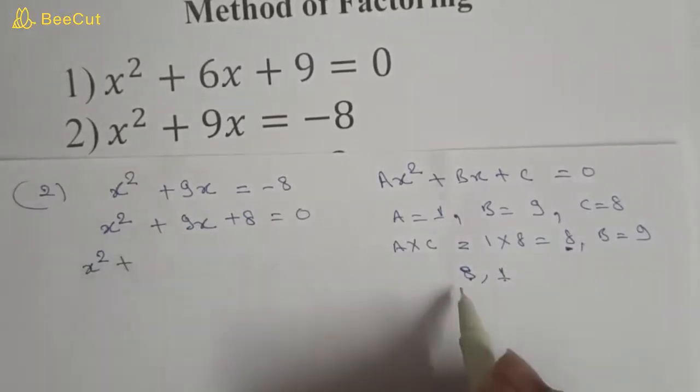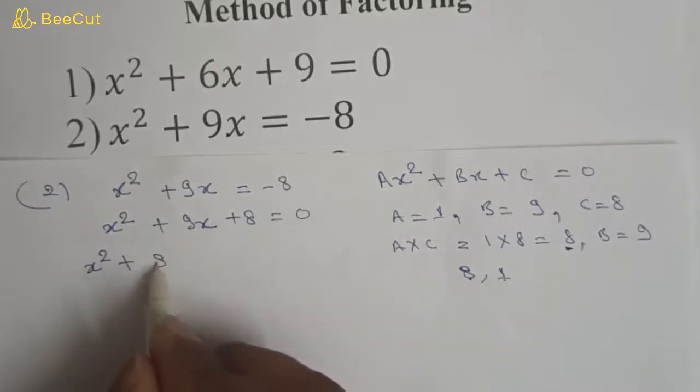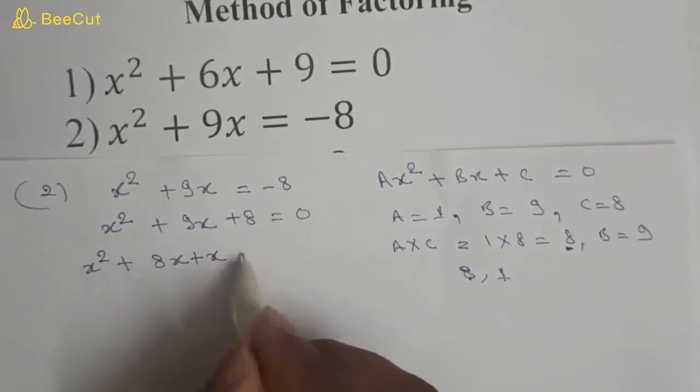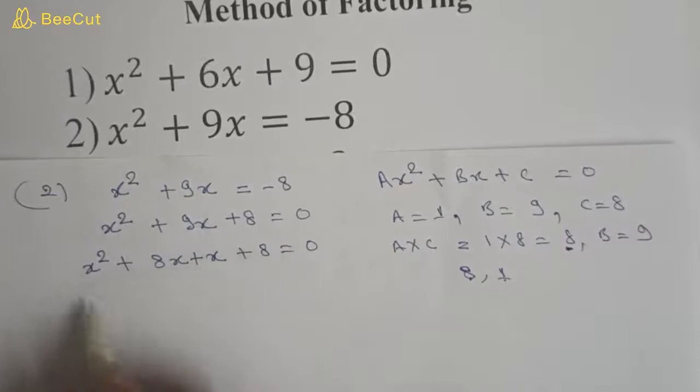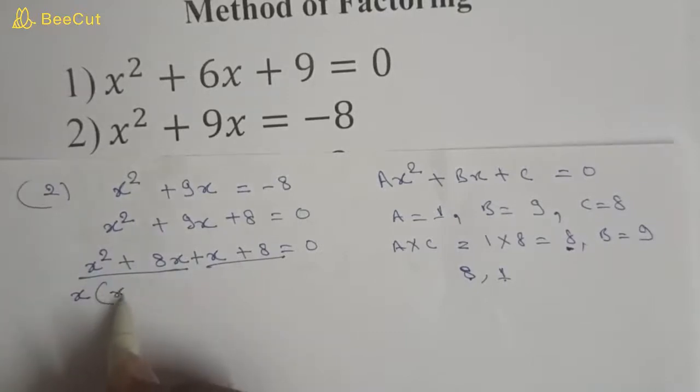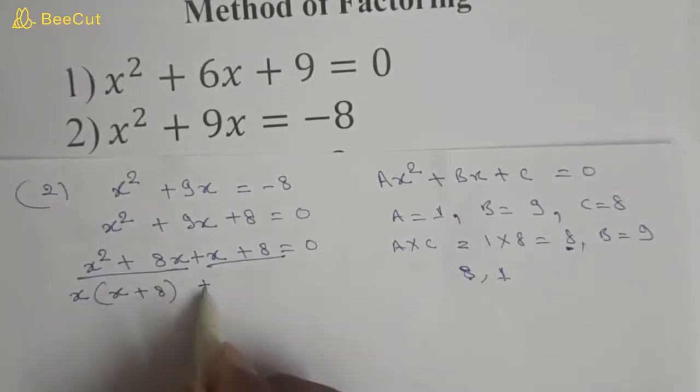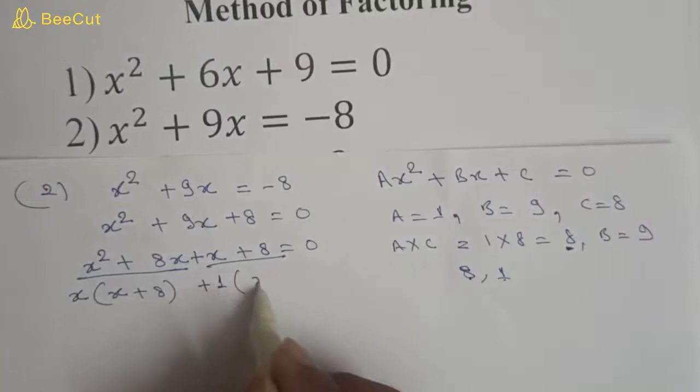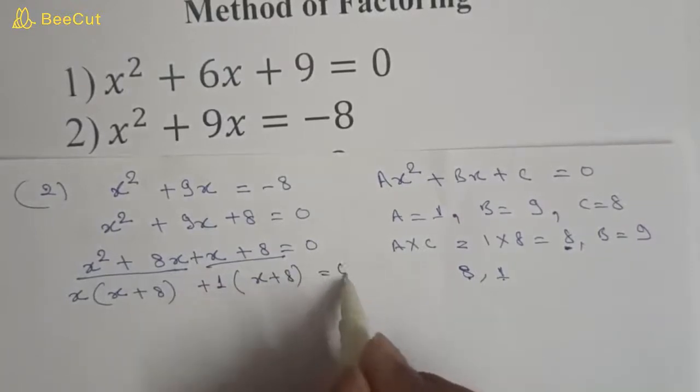So we can write x square plus, in place of 9x, these two numbers: 8x plus x plus 8 is equal to 0. Now we will make two pairs. Taking x common from the first pair, we get x plus 8, plus taking 1 common from the second pair we get x plus 8, is equal to 0.